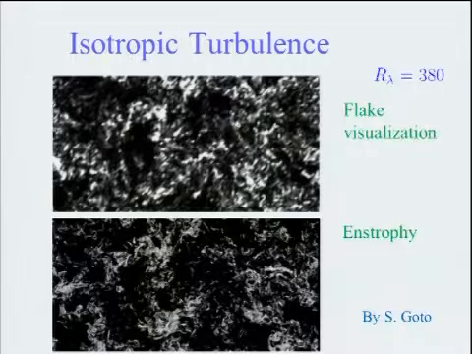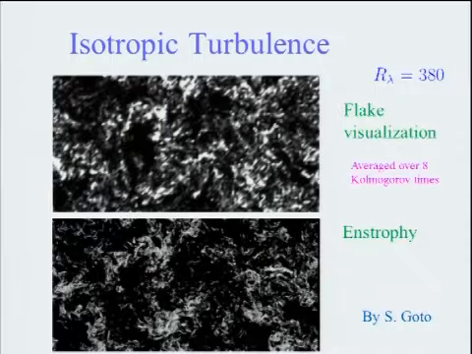Entropy is vorticity squared. An important point is that this flake visualization was obtained by averaging over 8 Kolmogorov times. This is important. Actually, the vortices rotate within the Kolmogorov time scale.